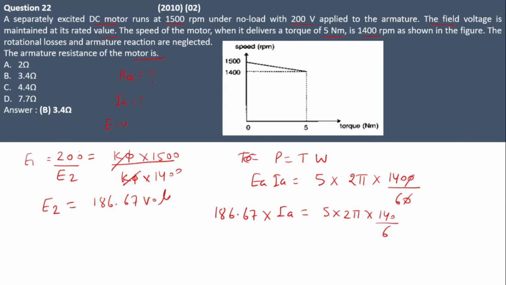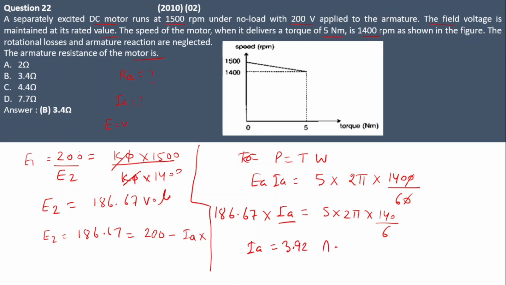You know E2 equals 186.67 equals V minus IaRa. V is 200 minus Ia into Ra. Armature resistance you have to calculate. You can directly calculate Ia from here, so Ia equals, basically, 3.92 amps.